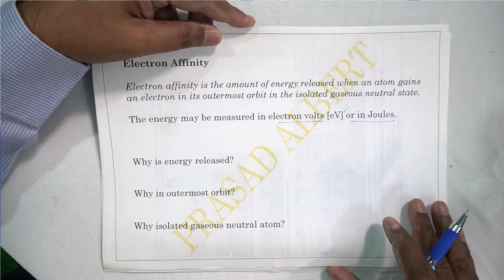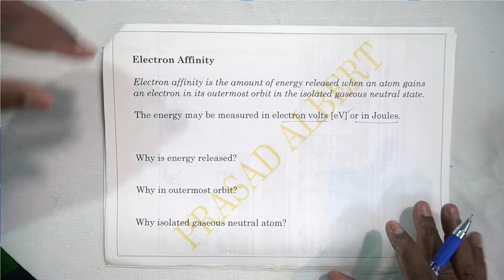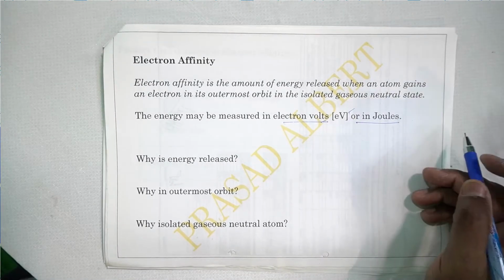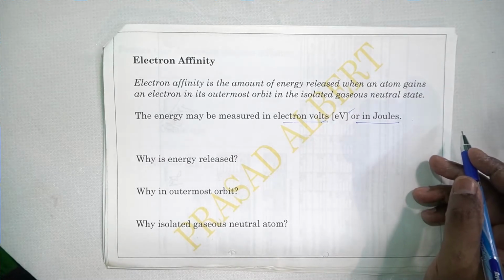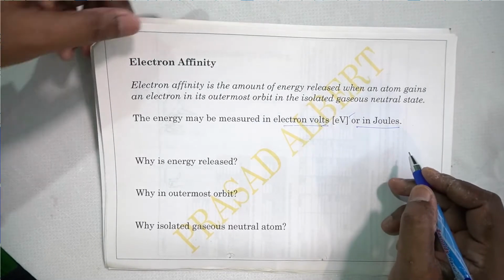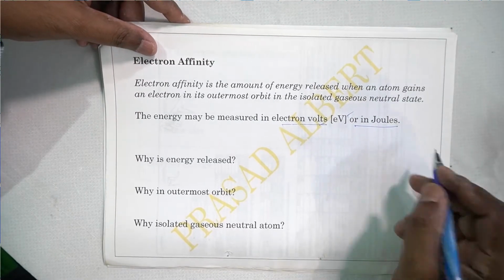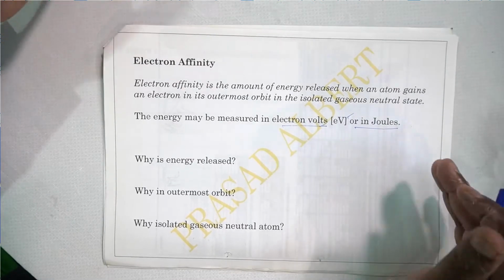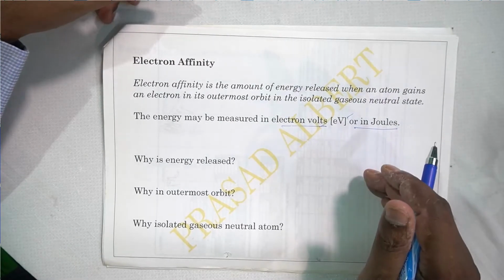Now, why is energy released? As we know already, the atom is stable with the protons and electrons attracting each other, and the positive charge of the protons in the nucleus holds the electrons very strongly. Now, when an extra electron comes, there will be an increase in energy. So, to stabilize the orbit, energy has to be released.